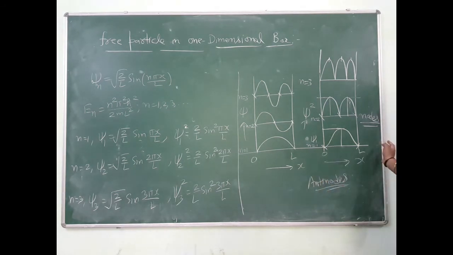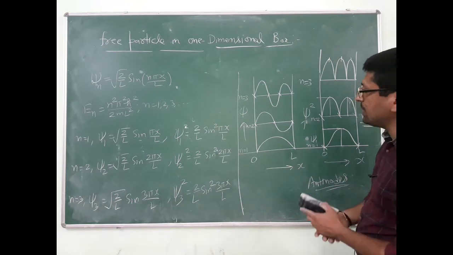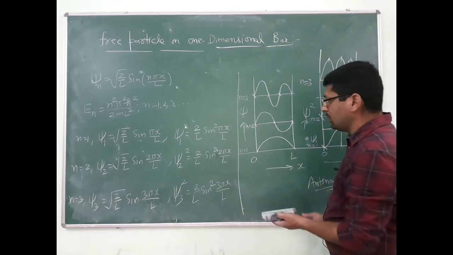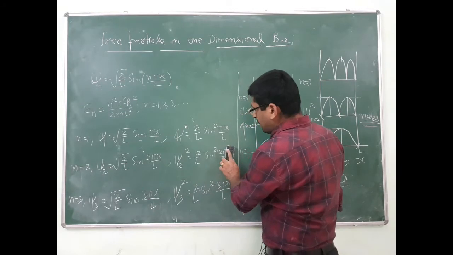We need to find the locations at which the probability of finding the particle becomes 0 and becomes maximum. How can we calculate that? That can be calculated from this.